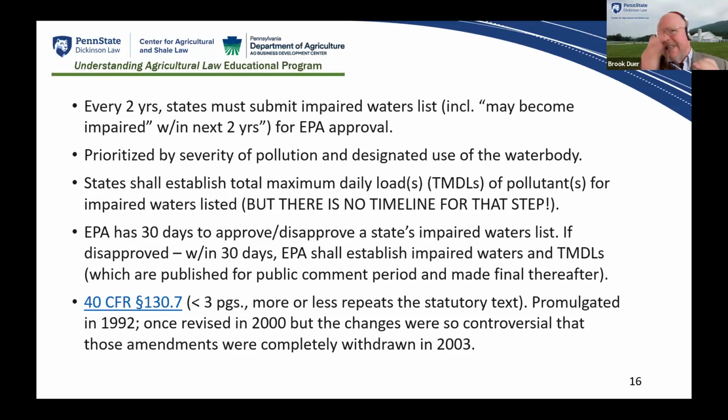Okay, so now it does say EPA has 30 days to approve or disapprove a state's impaired waters list. And if it's disapproved, then EPA has this timeline for establishing impaired waters essentially on their own, because the state didn't do a good enough job. And it does talk about EPA establishing TMDLs. And then there's a process for publishing for public comment on them, and then they're made final, et cetera.